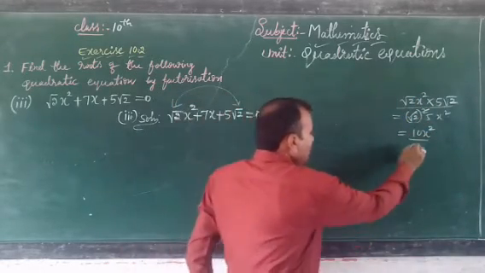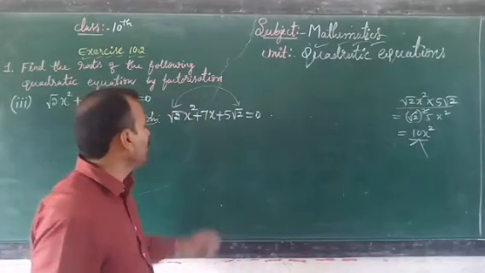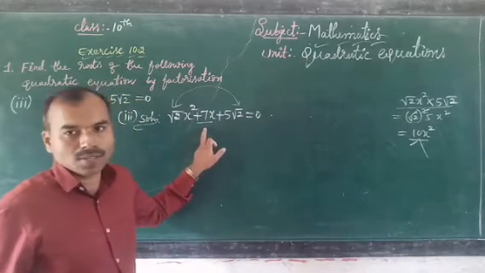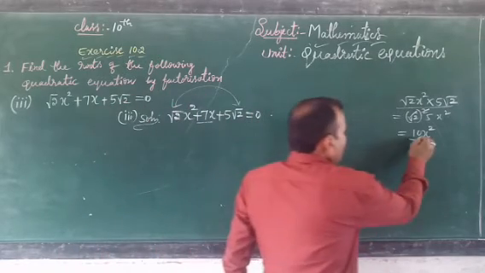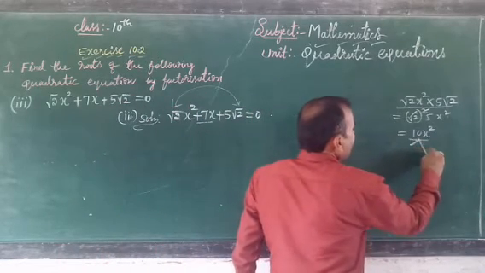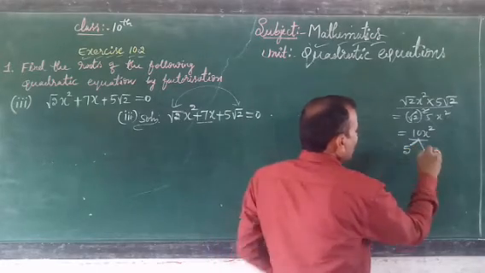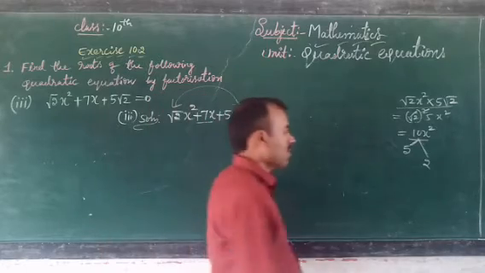And we have to split this product 10x square so that we get the middle term. If we add, we get the middle term 7x. So here 10 is there. I write here 5 and 2. 5 2s are 10, 5 plus 2 is 7.